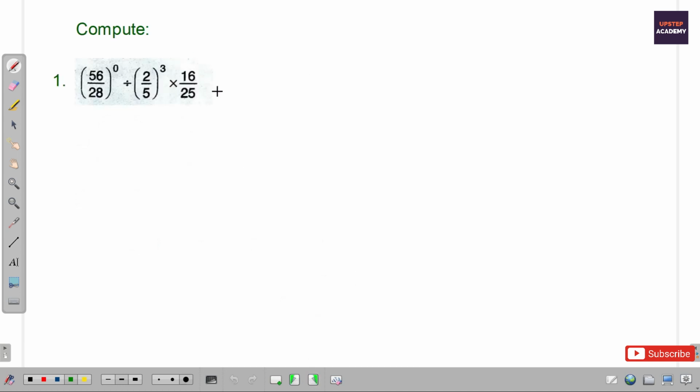Let's see the first numerical. Here we have to compute the given expression: 56 upon 28 raised to 0, divided by 2 raised to 3 upon 5 raised to 3, multiplied by 16 upon 25.